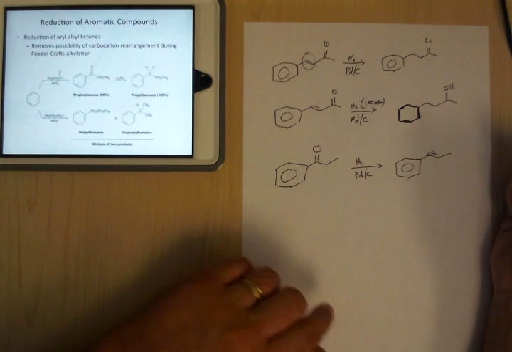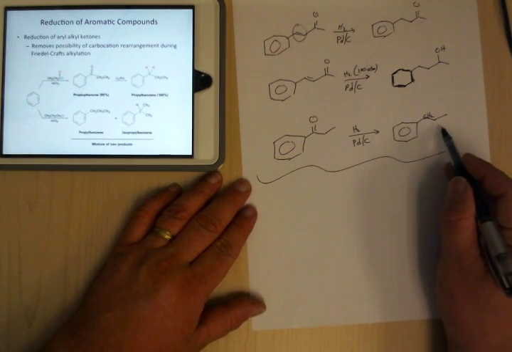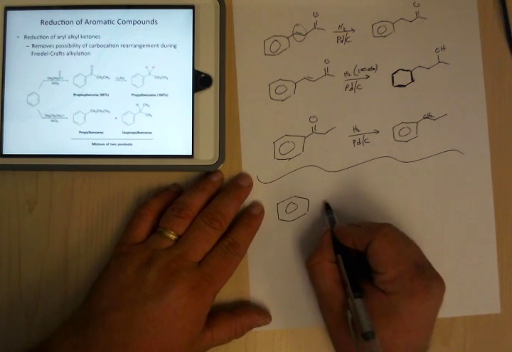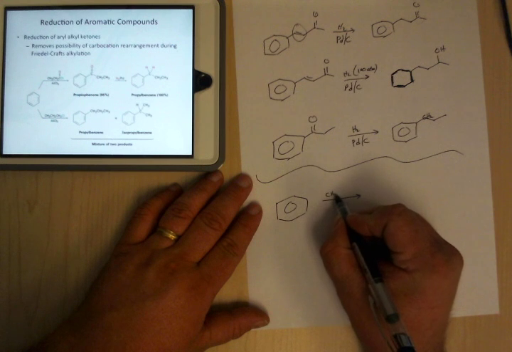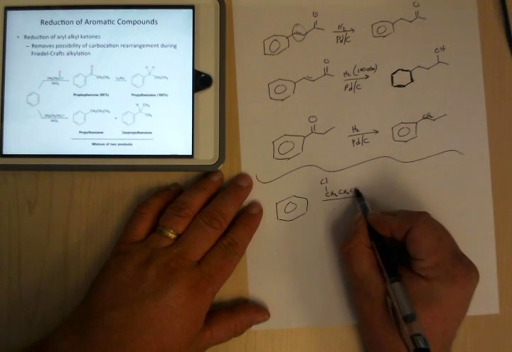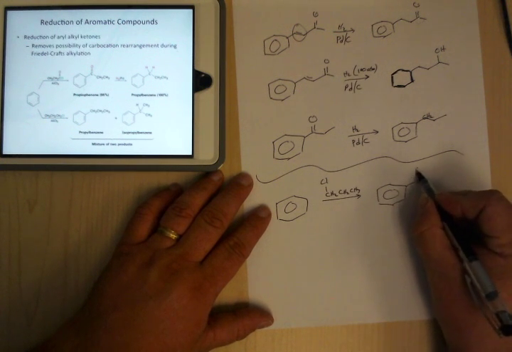Now, the nice thing about that is, let's say we want to put this chain on there. If we were to say, we're going to do alkylation, we want to put the chlorine on there, CH2, CH2, CH3. The product that you would end up mostly seeing would be this.